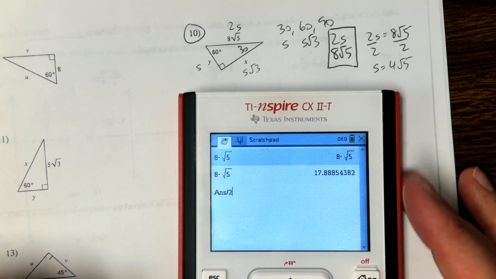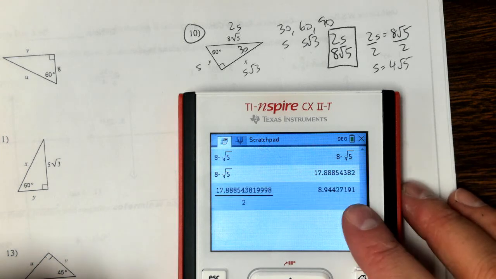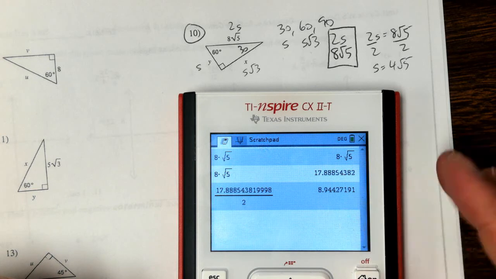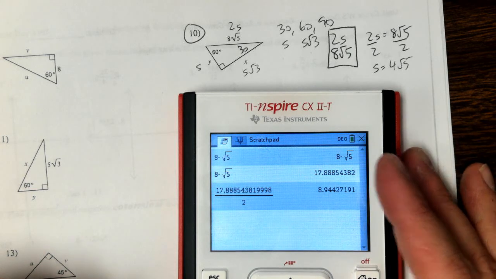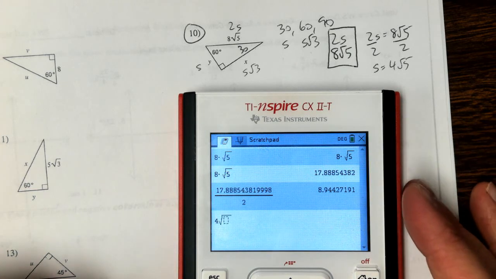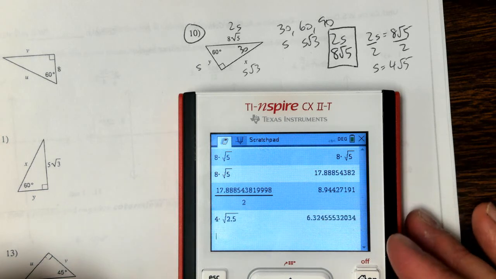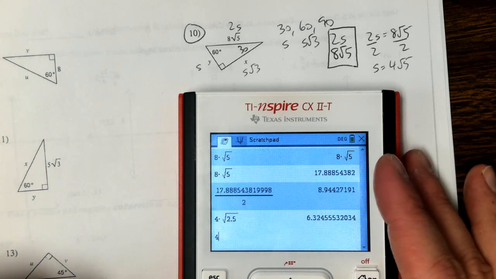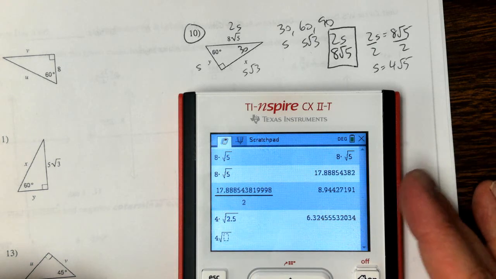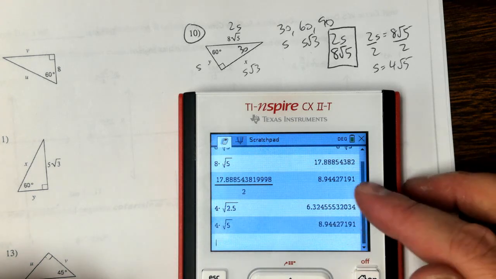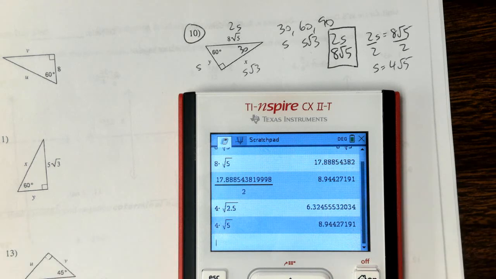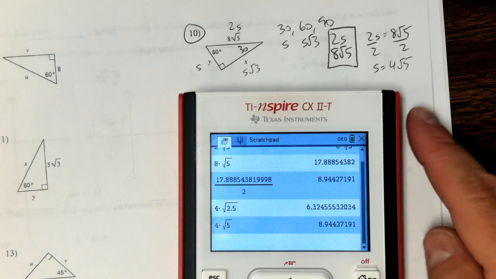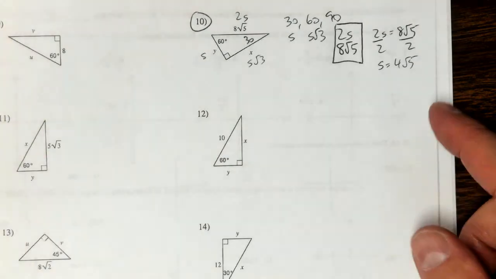And if we divide that by 2, we get that number, 8.94. So it's not 4 square root of 2.5. That's not going to match. It's 4 square root of 5. 8.944, and so forth. So that's the way it works.